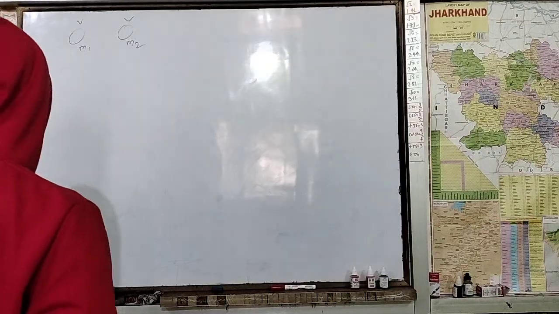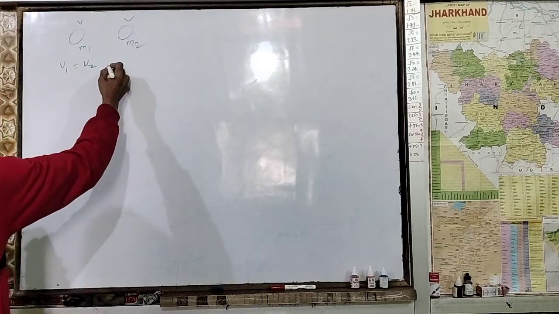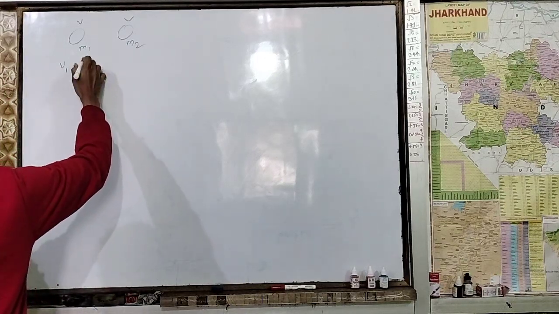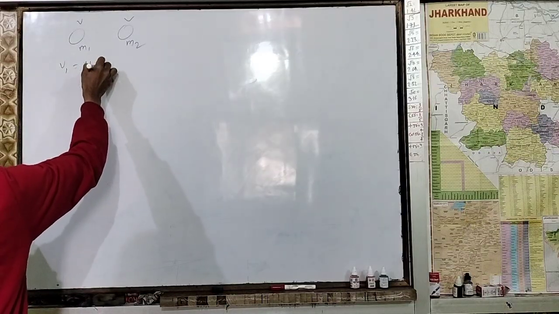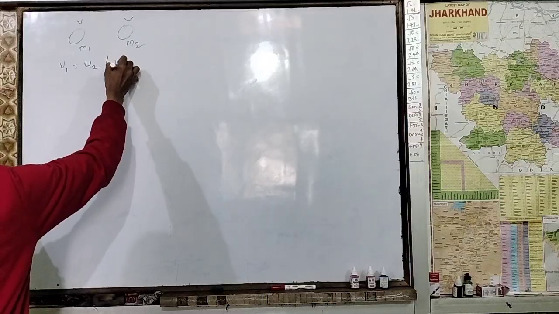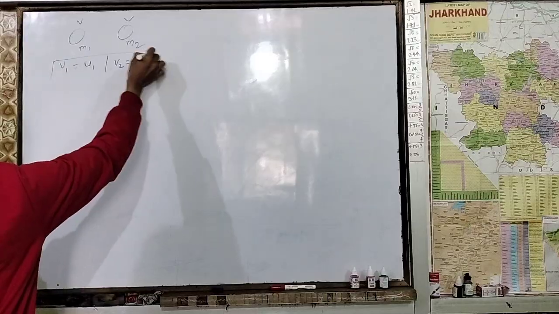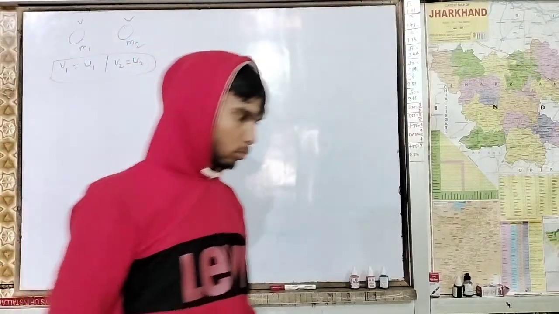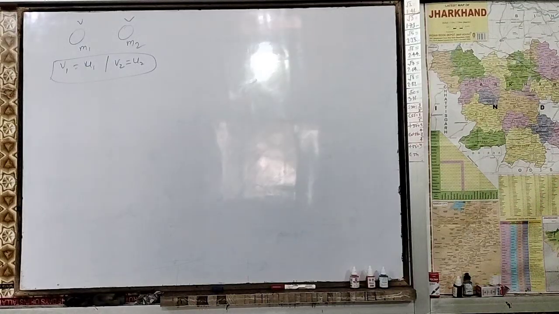Hence v1 will be equal to u2, and v2 will be equal to u1. Means after collision you will see that the velocities are exchanged.